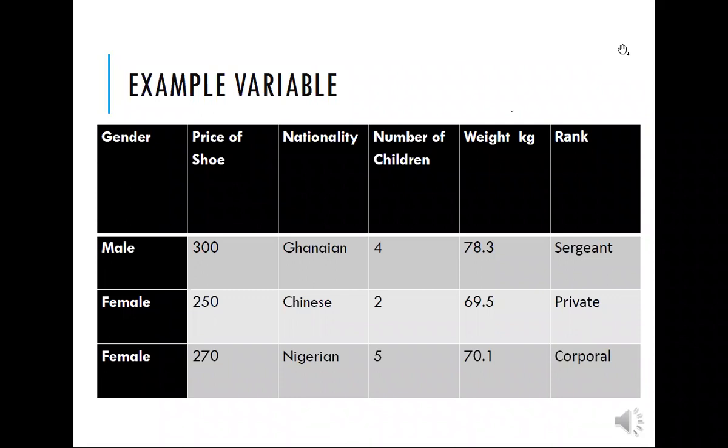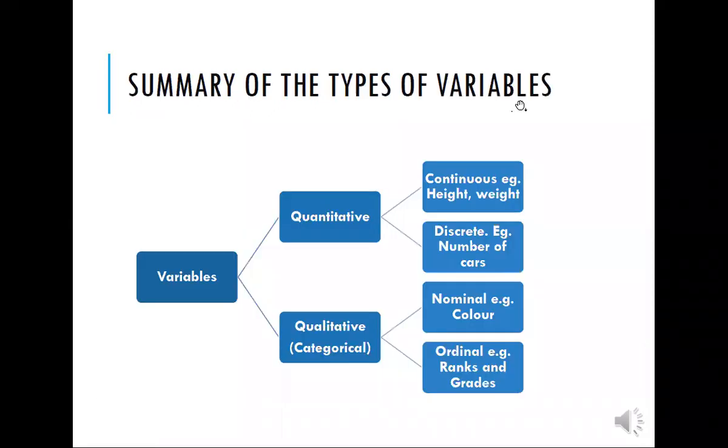Whilst for non-quantitative, or what we call qualitative variables, you get quality words or descriptions as the data given. So in summary, we can have this flow chart which will illustrate what we are talking about. Variables can be quantitative or qualitative.